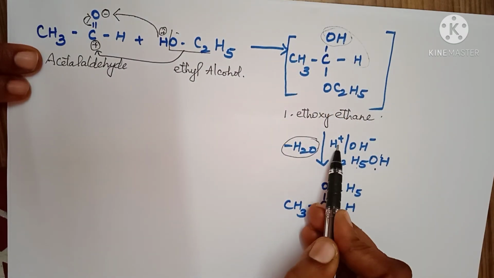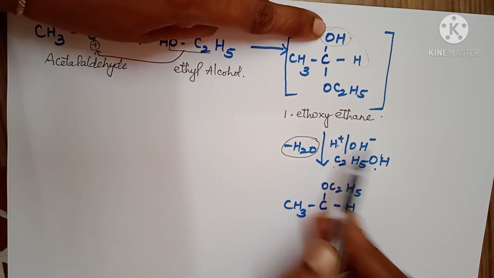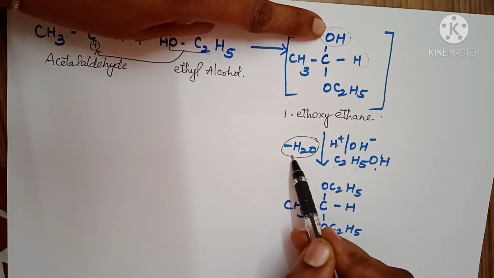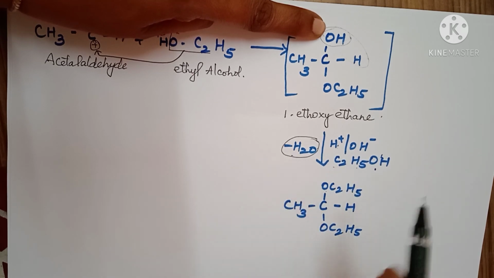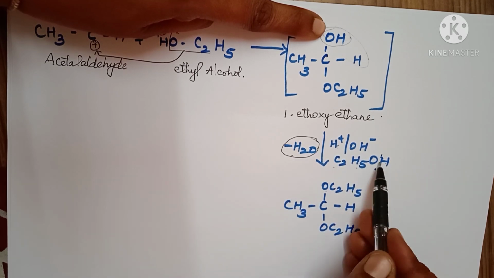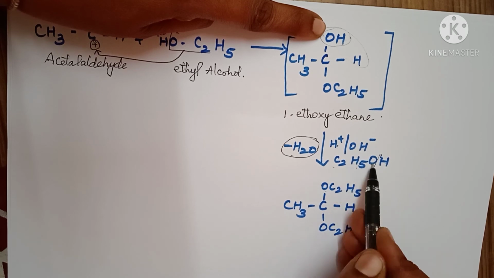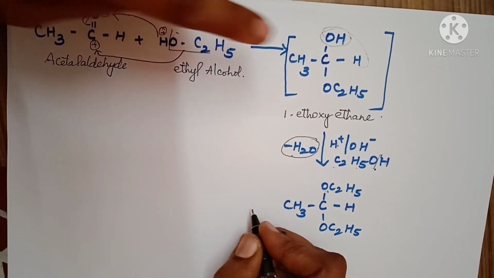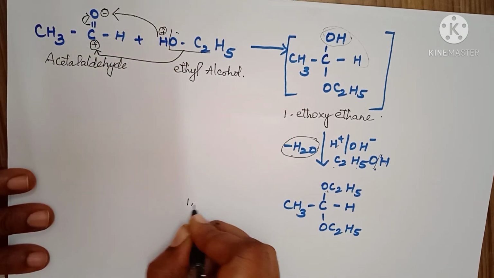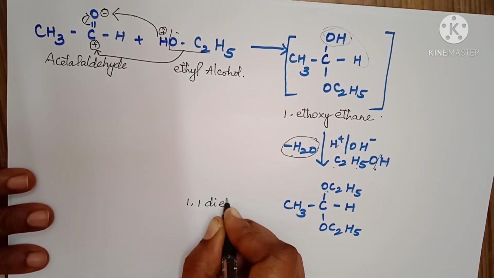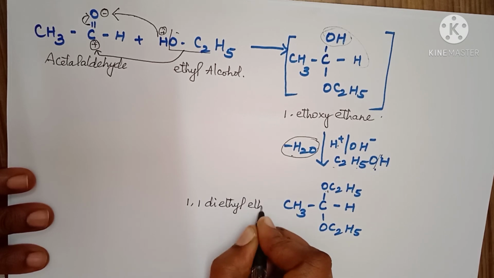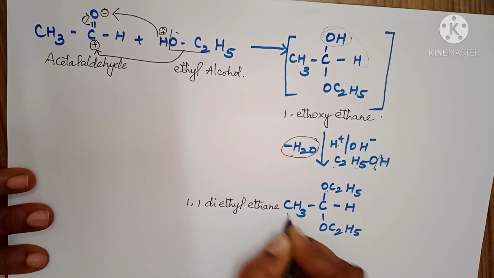This H plus ion and this OH minus ion combined, you are receiving water, that means removal of water. In that place, OC2H5 is attracted over there. So what is the name of this? 1,1-diethoxyethane. Hope you got it.